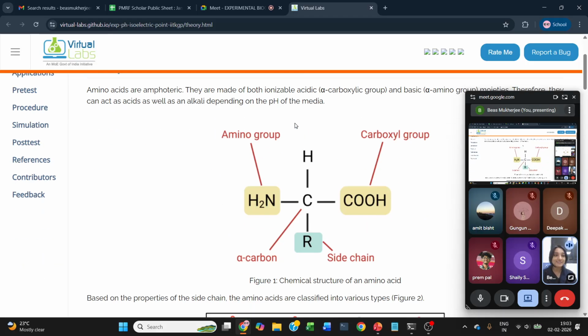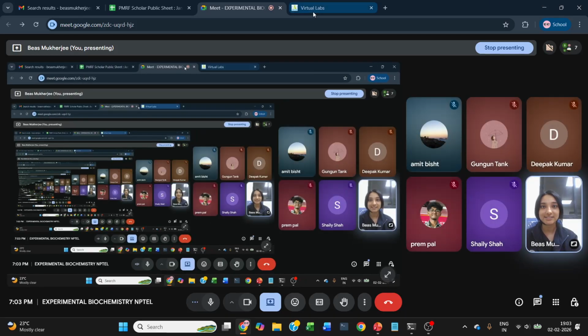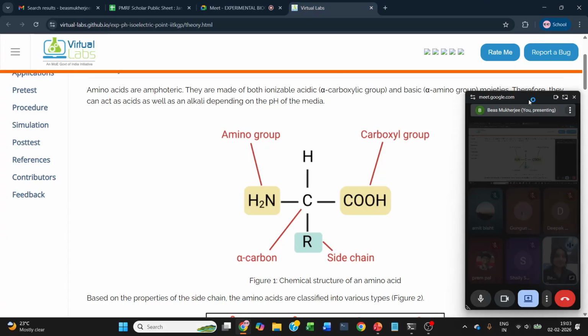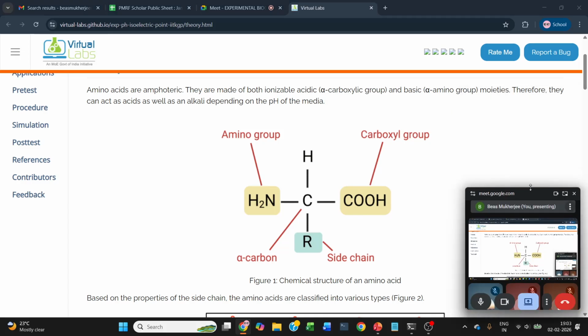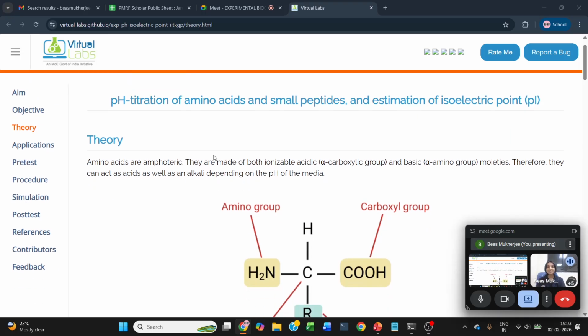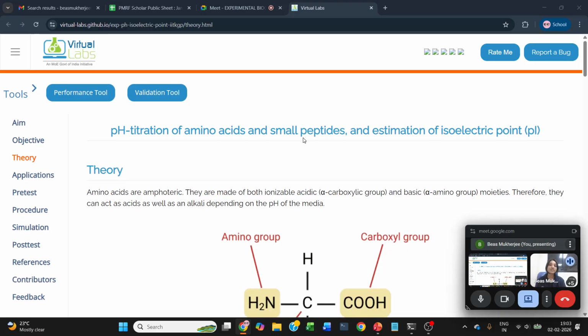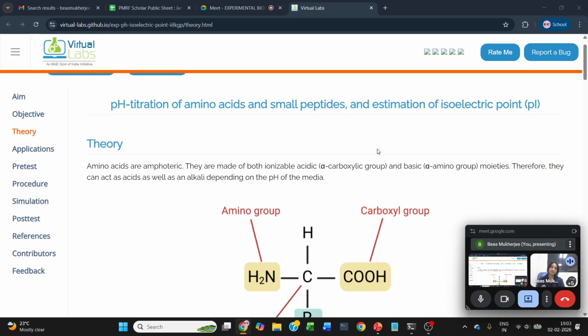So if you look at this, it's very interesting. You can see, I'll minimize this so that you can see properly. Okay, so this is actually a free website for you people. So: pH titration of amino acids and small peptides and estimation of isoelectric point.